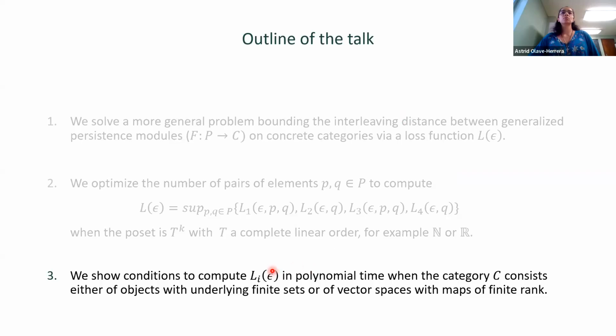And the third one is, if you see here, those little portions can be not polynomial. So the thing is, we're going to show we can compute these portions Li that I called before in polynomial time when we have categories that are either with finite objects or objects with underlying finite sets or of vector spaces.